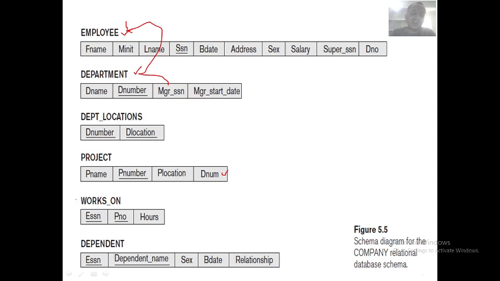ESSN itself is a foreign key because it is referring to the employee table. Project number is a foreign key, and it will refer to the project table. Okay. Good. And hours is an attribute. Okay, then who is left now?